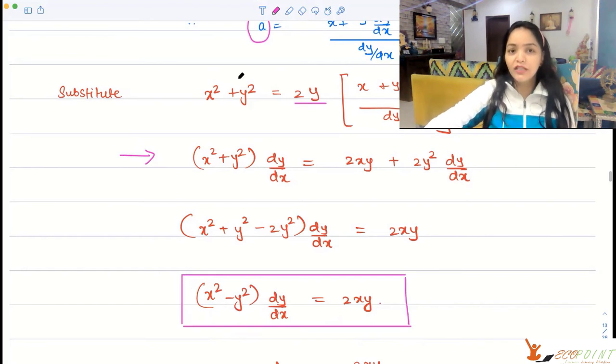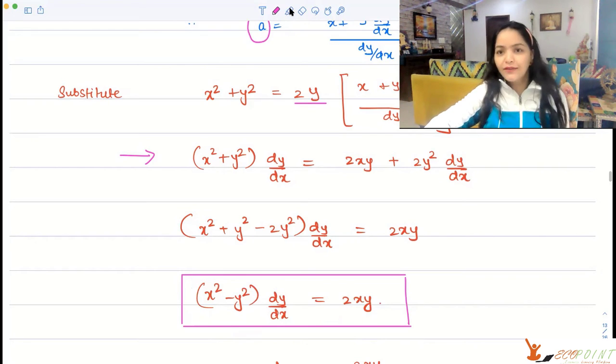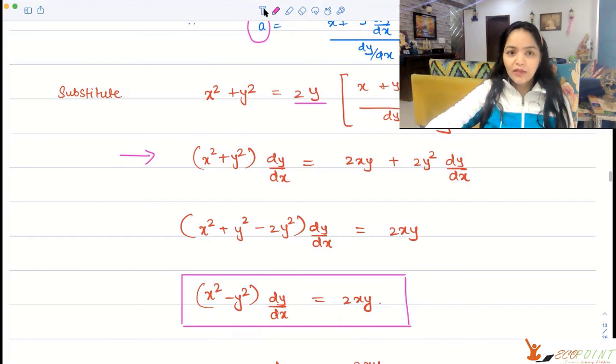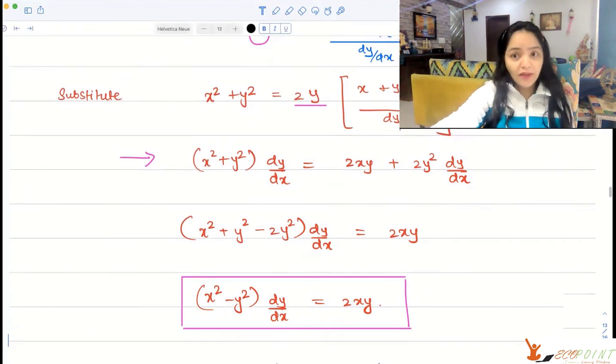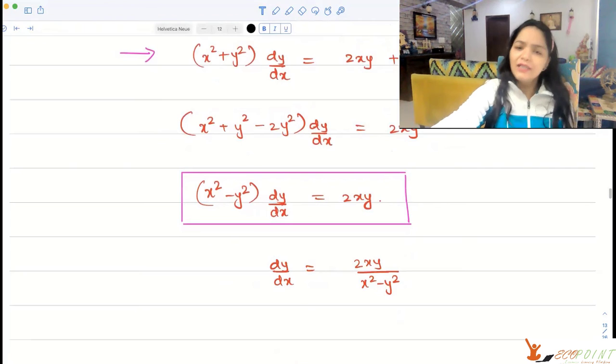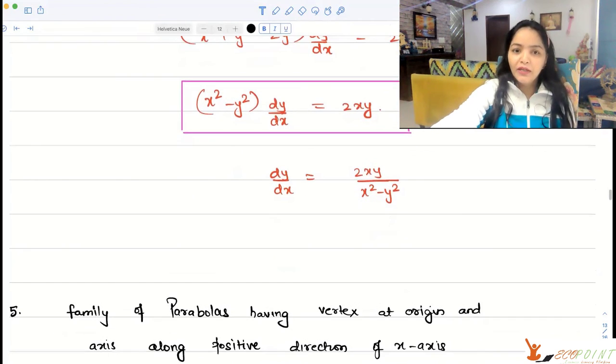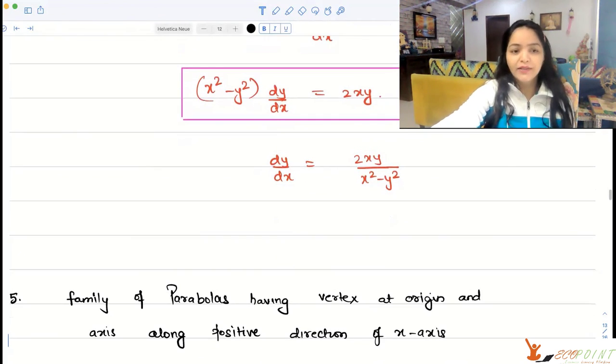Again and again, I'm trying to tell you that a differential equation is basically an equation which contains derivatives. So you just need to figure out what is that function which will satisfy this equation. We're just doing certain examples wherein we get to know that if it's a family of circles of this sort, it will be satisfied by this differential equation, and so on and so forth.